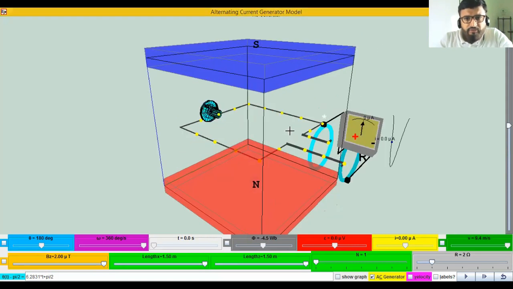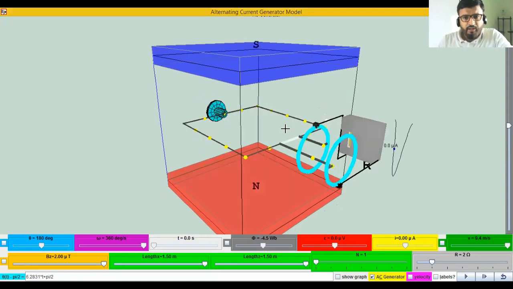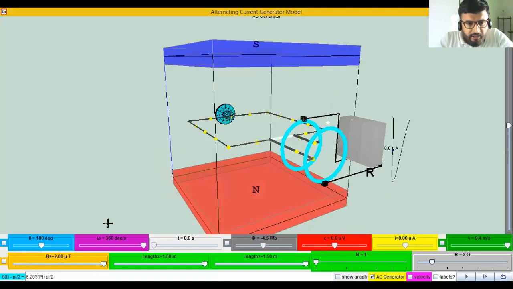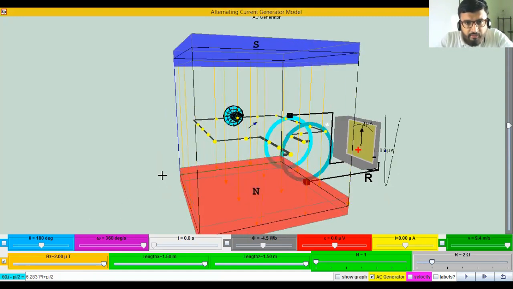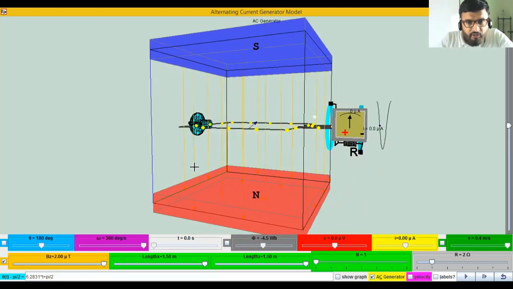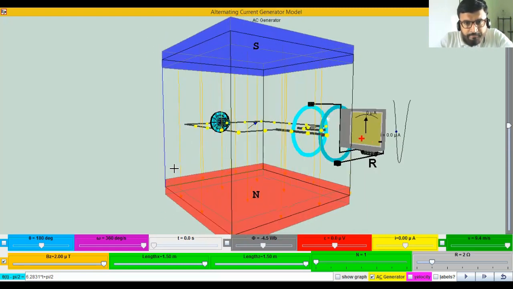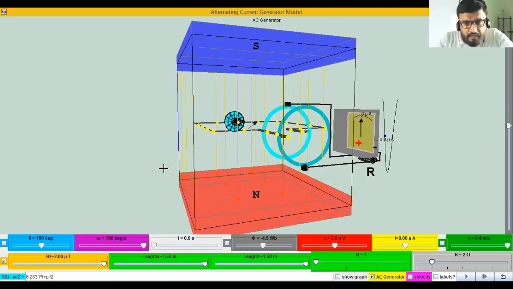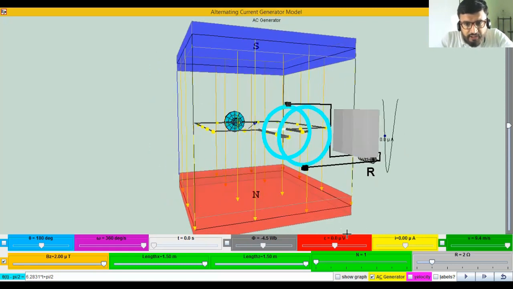According to Fleming's left-hand rule, when the magnetic field is there and force is there, then current should be induced. So let me check this to make you understand the lines of magnetic field. The lines of magnetic field you can observe go from north to south. And we will try to turn this generator on now.